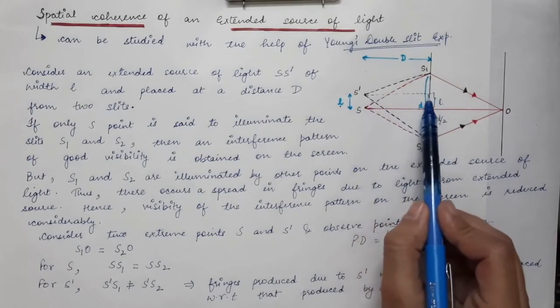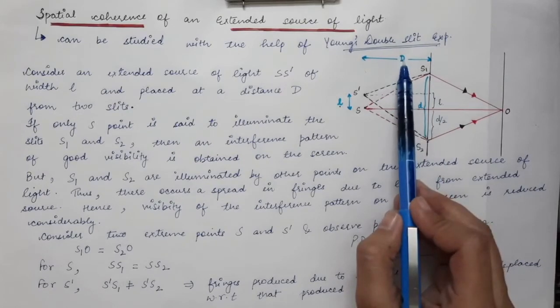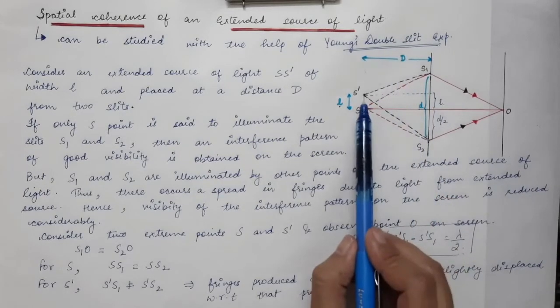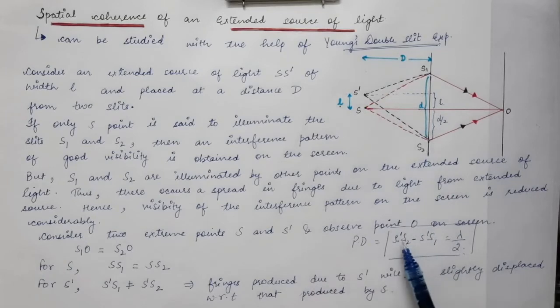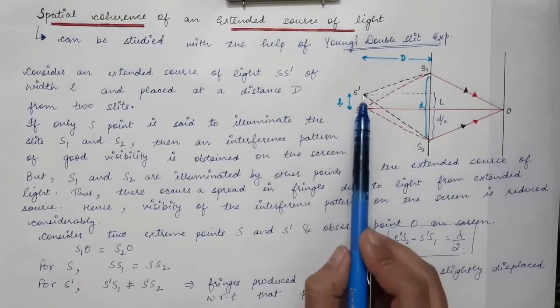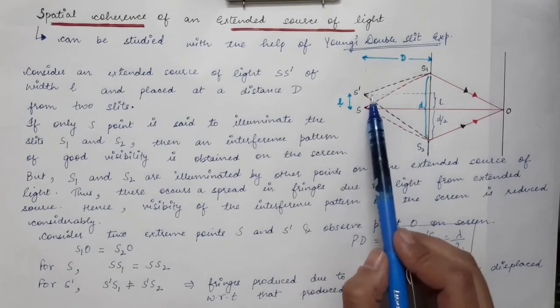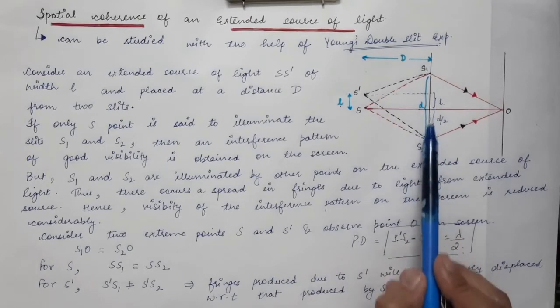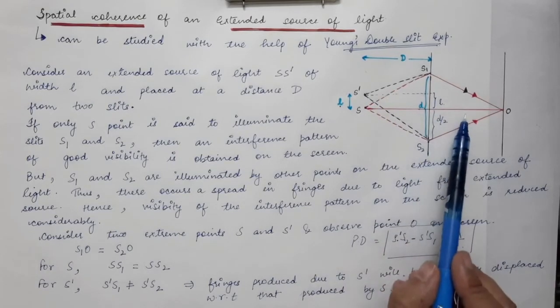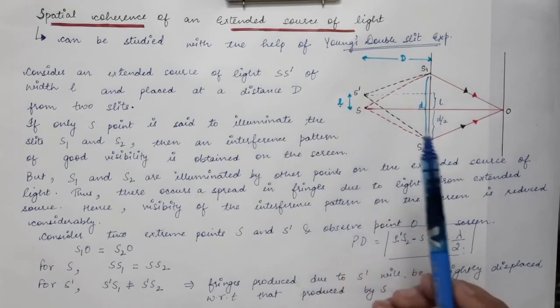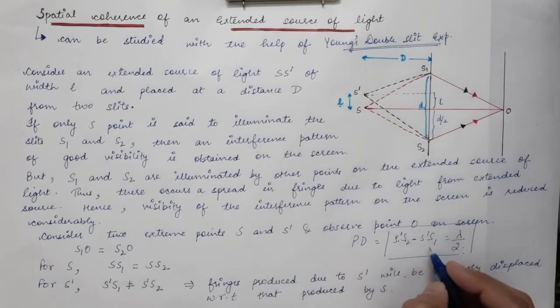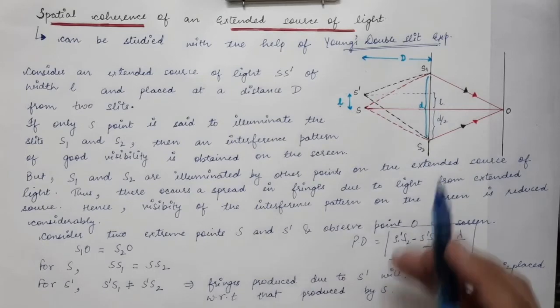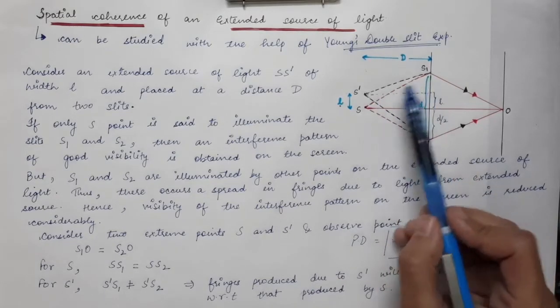And this length we have already considered is equal to capital D, and we are just going to find out the hypotenuse because we want to find S prime S2. So S prime S2 will be nothing but equal to under root of D square plus l plus d by 2 whole square. So we will use the Pythagoras theorem, and in a similar manner we will find out S prime S1.